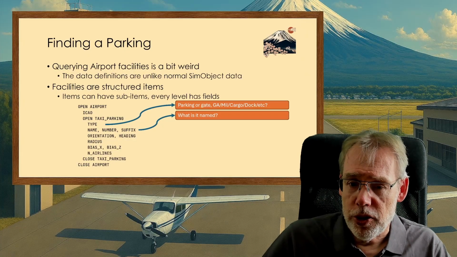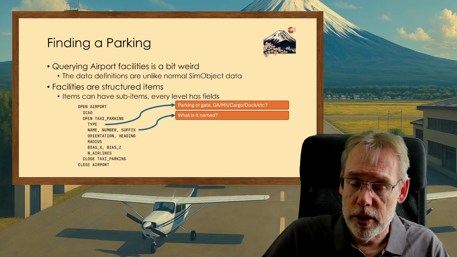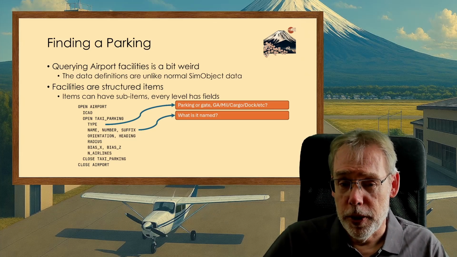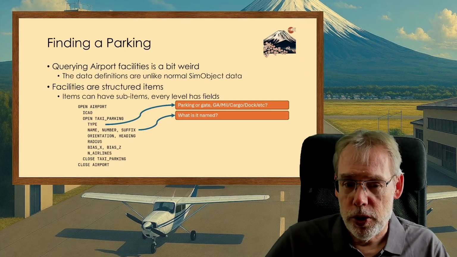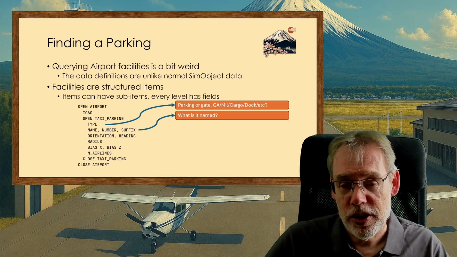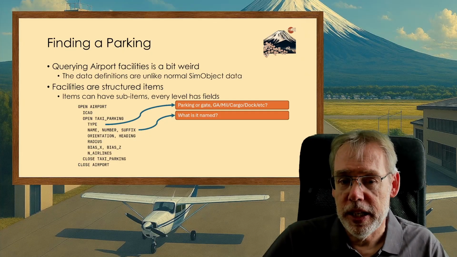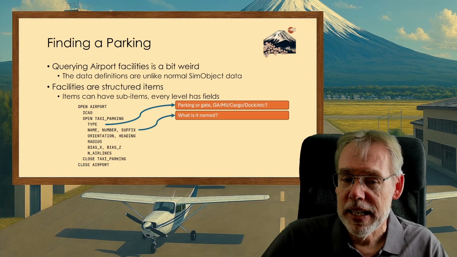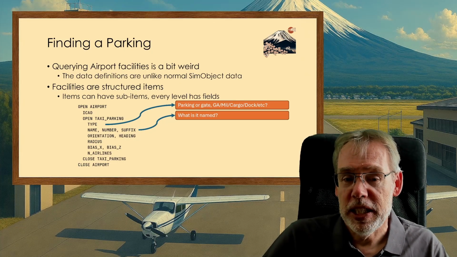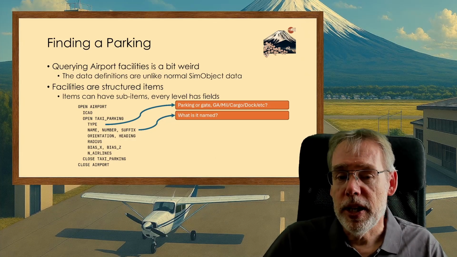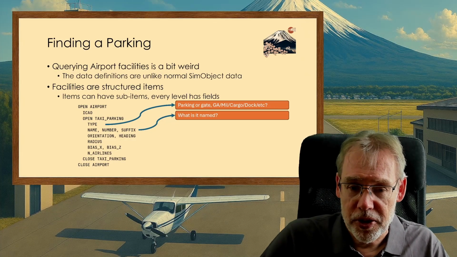Then the name and suffix are not strings, they are also numbers. And there is a list what those numbers stand for. So to say it could be a gate, or it could be a parking, or one of all the other variations, but it could also be gate A through gate Z. Those are specific names. And then you can have a number after that.